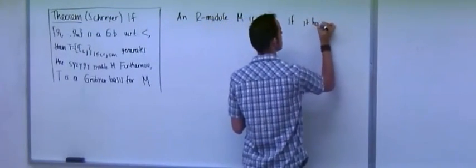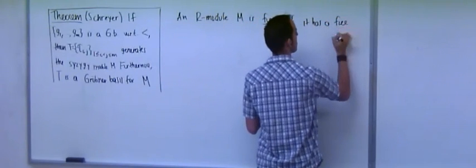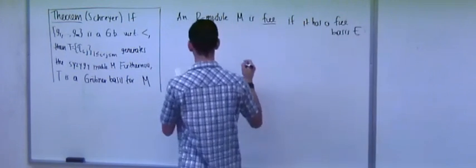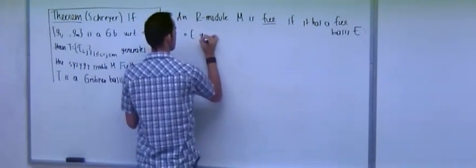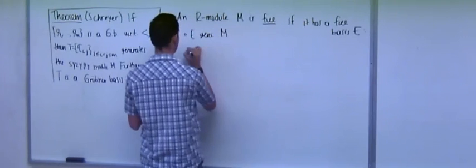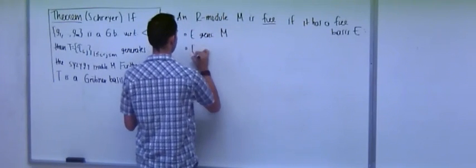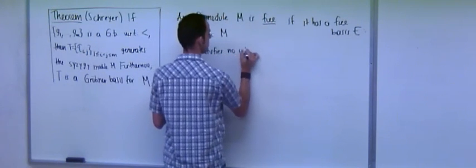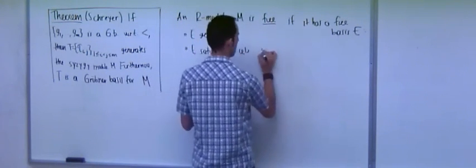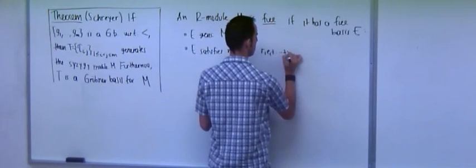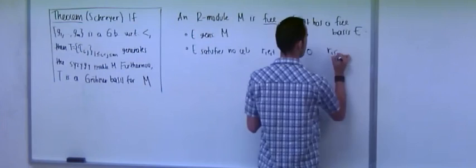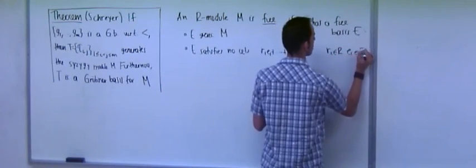If it has a free basis E. What I mean by this is that E generates M and there are no relations among the elements of E. So E satisfies no relations like r1 e1 plus etc. plus rn en equal to 0, where the r's are in my ring and the e's are in my module.